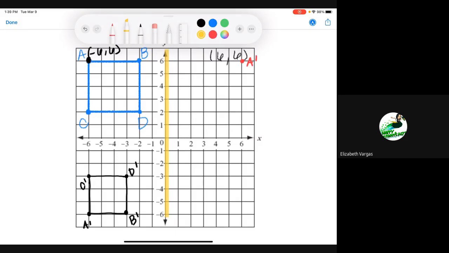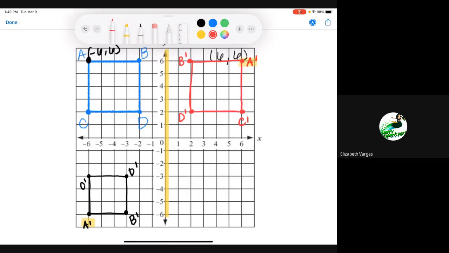And so what I can see is that depending on the type of reflection I have, the location of where those coordinates map to changes, right? I went from being in this area to this area over here. So you can see here that this is where that square would map to after reflection across the y-axis.